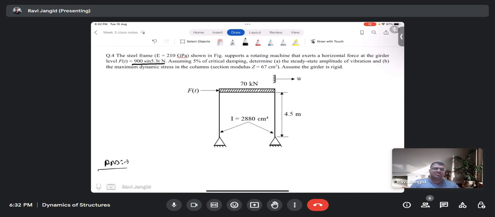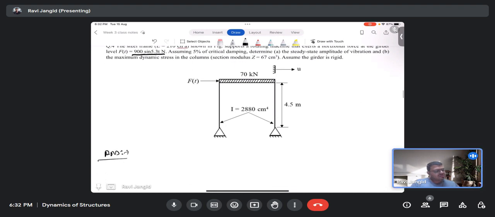This may be half of that actually, 3EI by L cube. So if your support is a pin support, the stiffness of one column is 3EI by L cube. So your K equivalent will become 2 times 3EI by L cube.